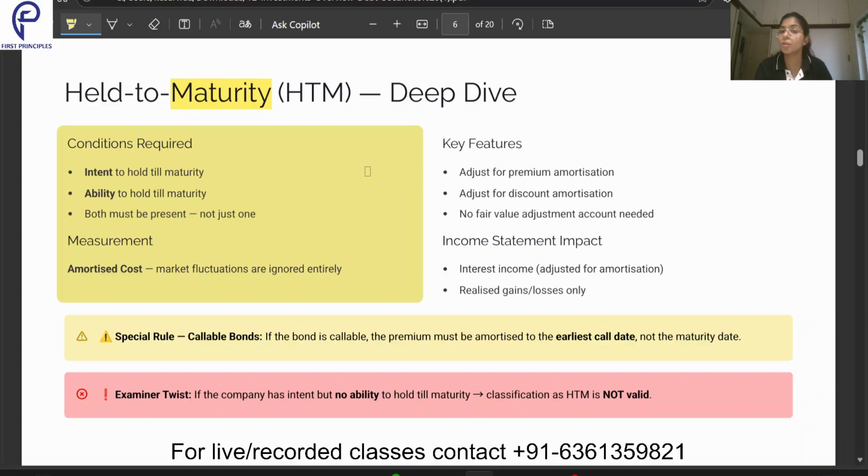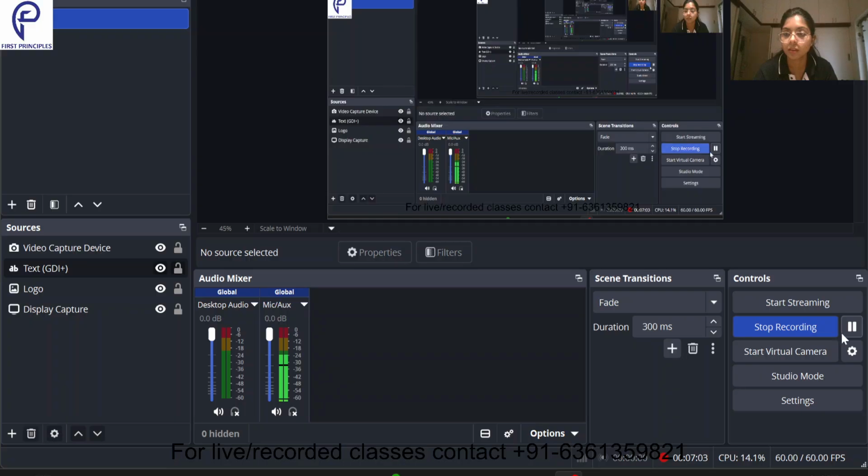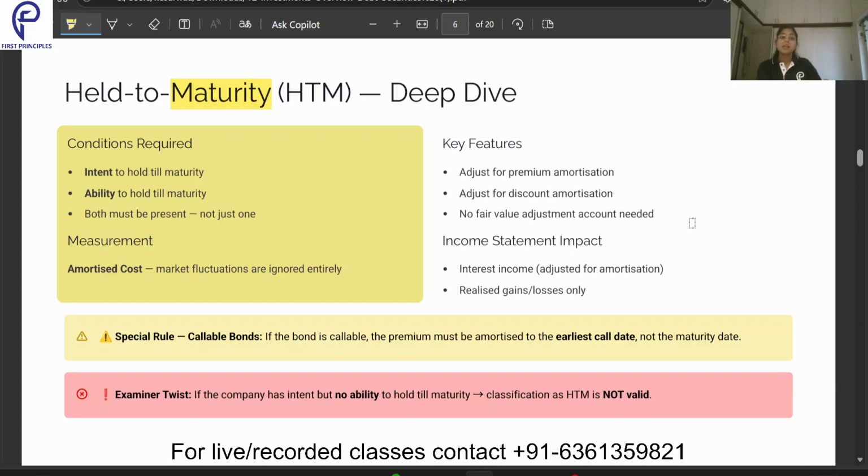I am the issuer and you are the purchaser of the bond, and you plan to hold it until maturity. I have written on that bond that it is for 10 years. If you hold it for the 10 years, it is termed a held to maturity security. So unless and until we receive the money back from the issuer, we hold it till that time.